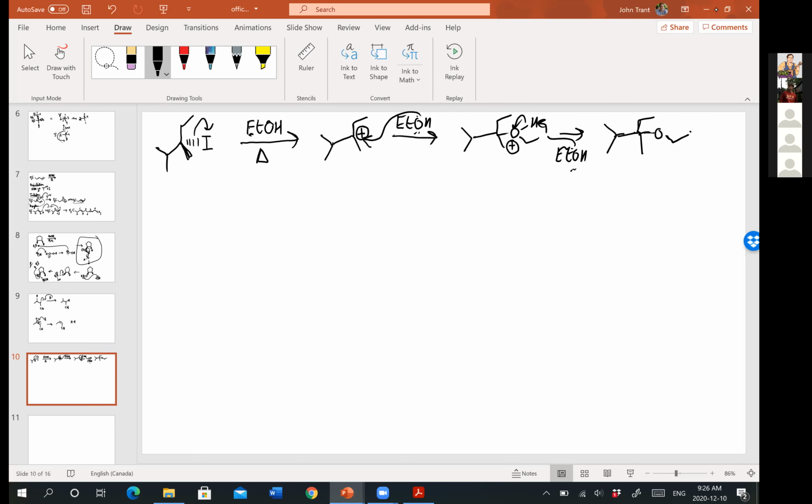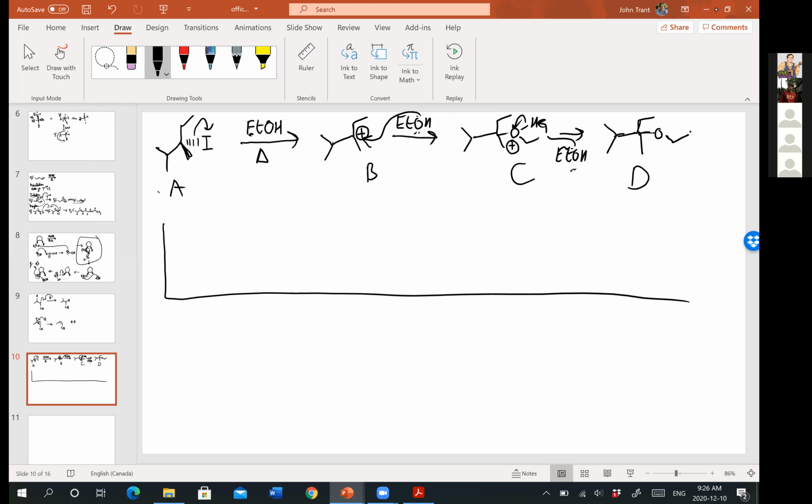Now, let's say we draw the reaction coordinate diagram for this. So I'm just going to call these A, B, C, and D. A is a nice stable molecule. D is a slightly more stable molecule.